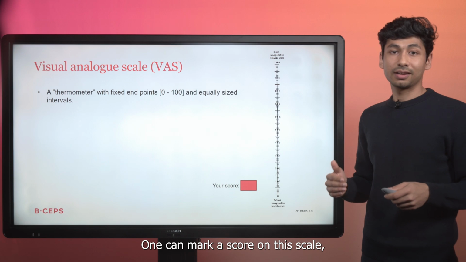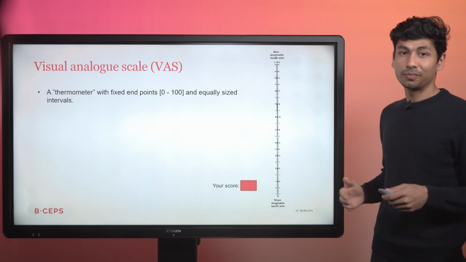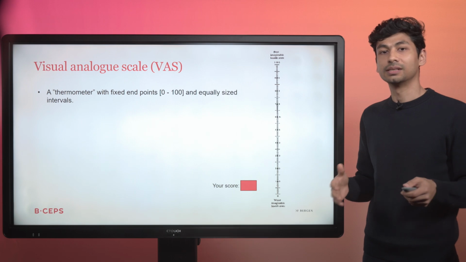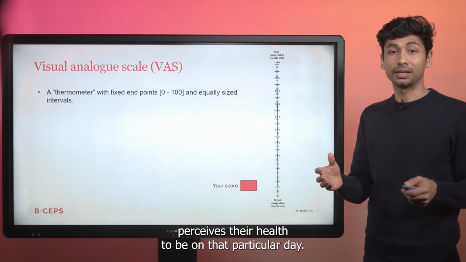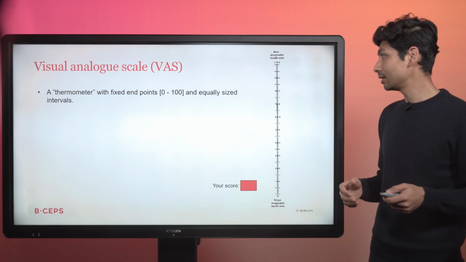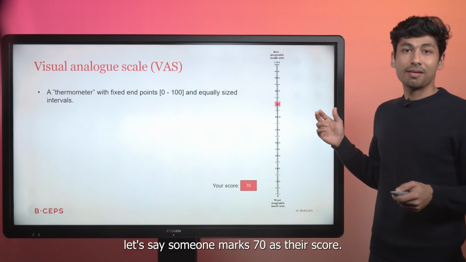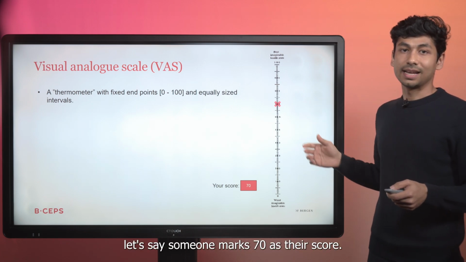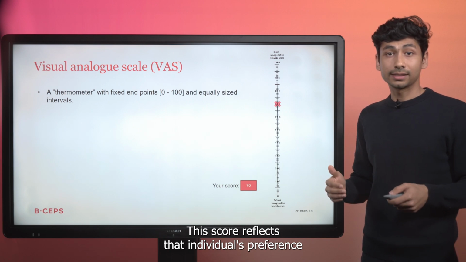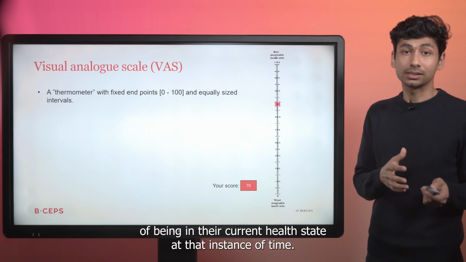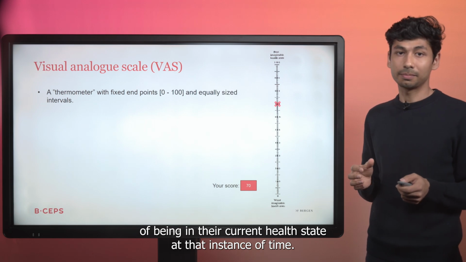One can mark a score on the scale, which then reflects how good or bad a person perceives their health to be on that particular day. In this example, let's say someone marks 70 as their score. This score reflects that individual's preference of being in their current health state at that instance of time.